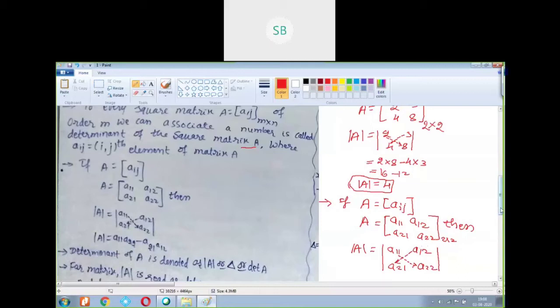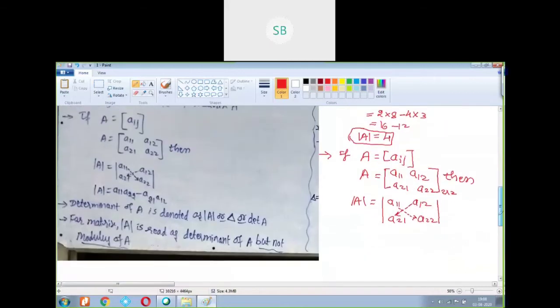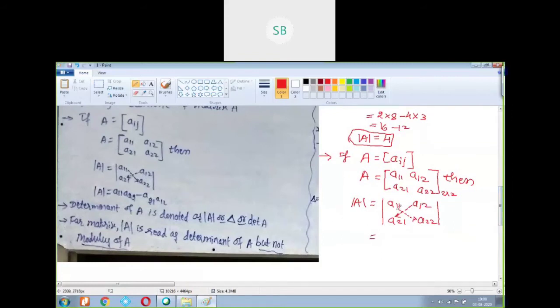Once you have done this, write it here: A11 into A22, minus, compulsorily on this side, A21 into A12. Whichever order you write, no problem. So that is the determinant of A.